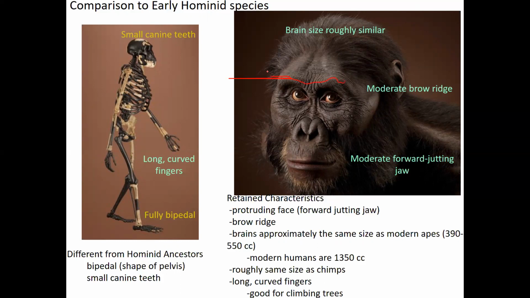The brain was approximately the same size as modern day apes, 390 to 550 cubic centimeters, where modern humans have a brain volume of 1,350 cubic centimeters. They're roughly the same size as chimps, and have long curved fingers, which are good for climbing trees. And you can also see there's still a lot of hair.